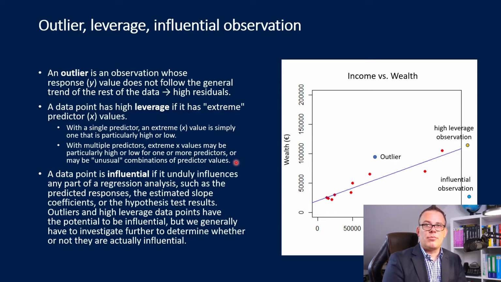Why unusual combinations? Because predictors can also be correlated among each other. So if x1 is high, it is particularly probable that x2 is high too. So a very high x1 value with a very low x2 value can also be very improbable, and can also be a point that has a high leverage.